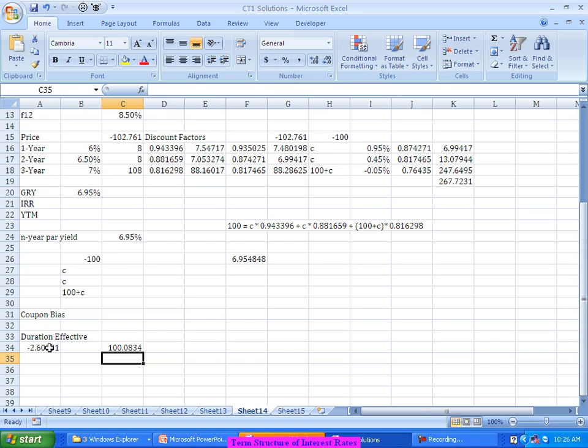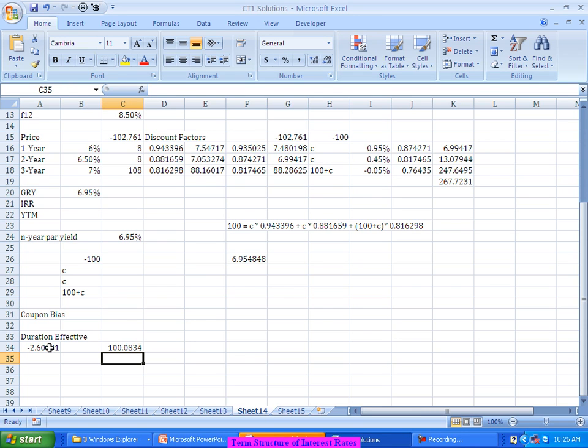That is how the effective duration is a measure of volatility, which means the higher the duration, the higher the percentage change in the price of the bond for a 1% change in the interest rates, and the higher the volatility associated with that particular bond.